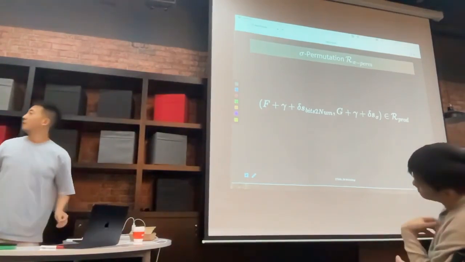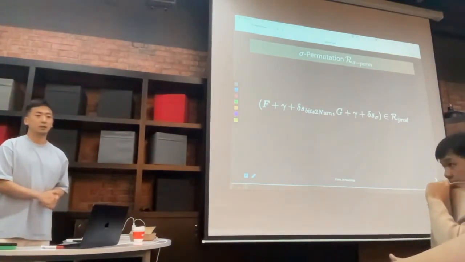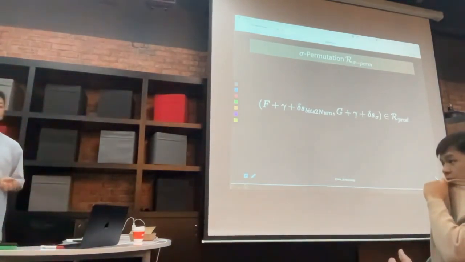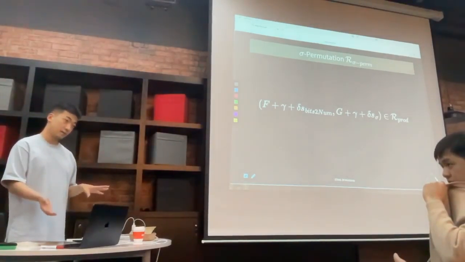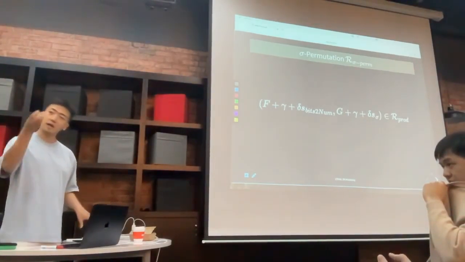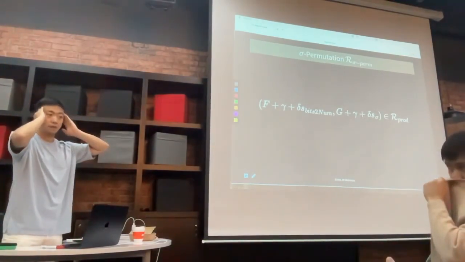For the final 40 minutes of breakout group session, let's try to do the product check and permutation check, and understand how we can use this for Plonk.